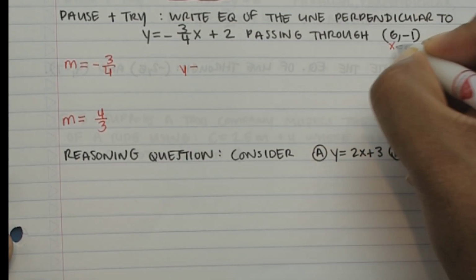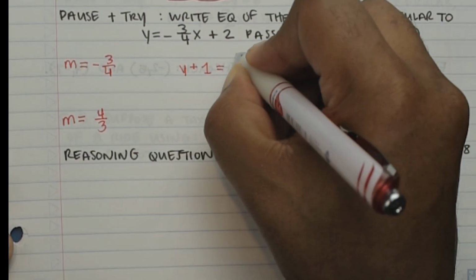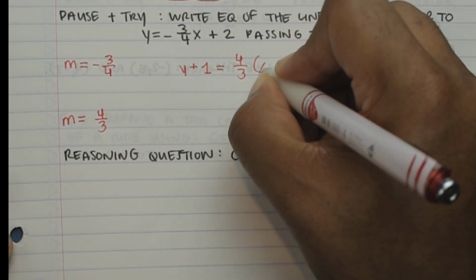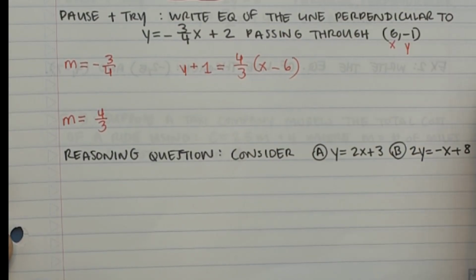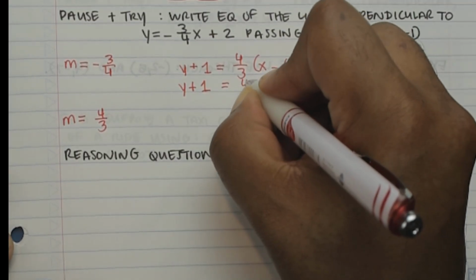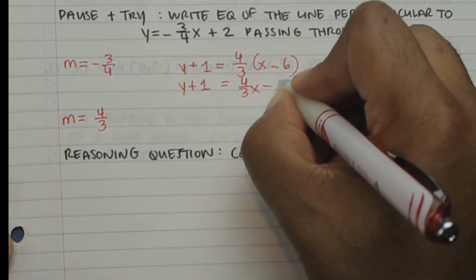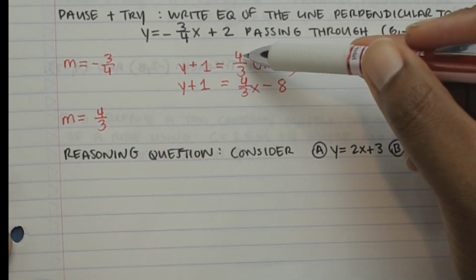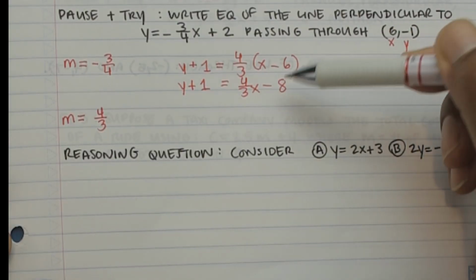So y plus 1 equals 4/3 x minus 6. Computing. Okay. 4 times 6 is 24. 24 divided by 3 is 8.